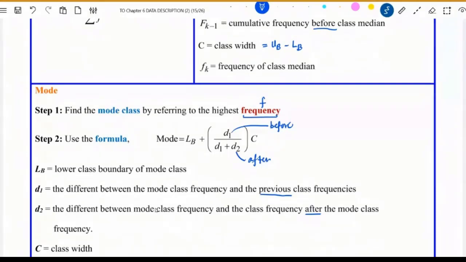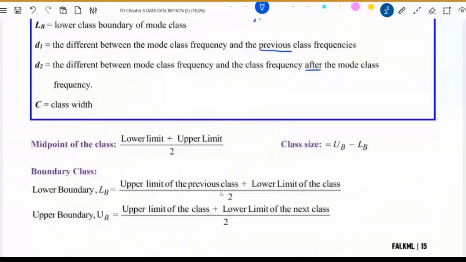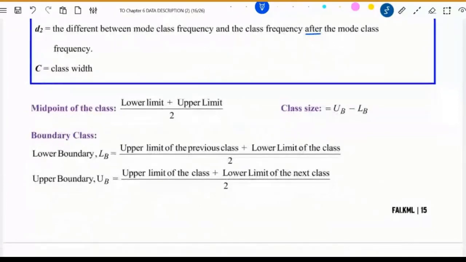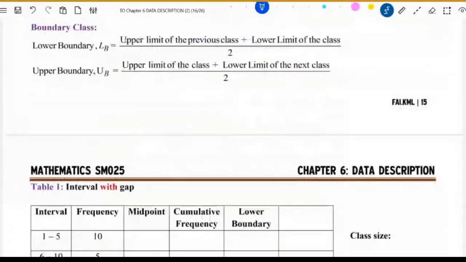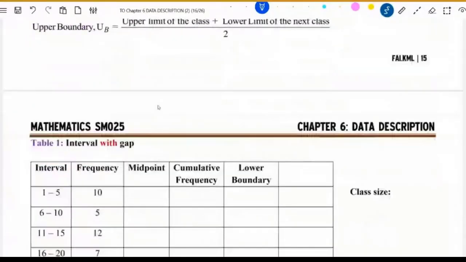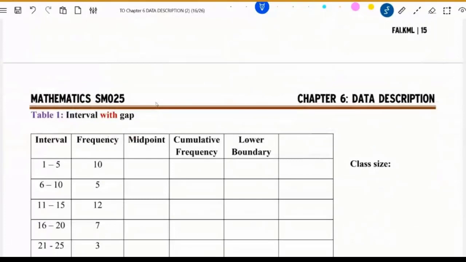So how to apply these 3 parts first? So kita akan tengok kepada table 1 and table 2. So table 1 is where we have interval with gap. Bermaksud antara satu kelas dan the next class, dia ada gap antara 5 dan 6, 10, 11, 15, 16, 20, 21. Itu bermaksud we have a gap.